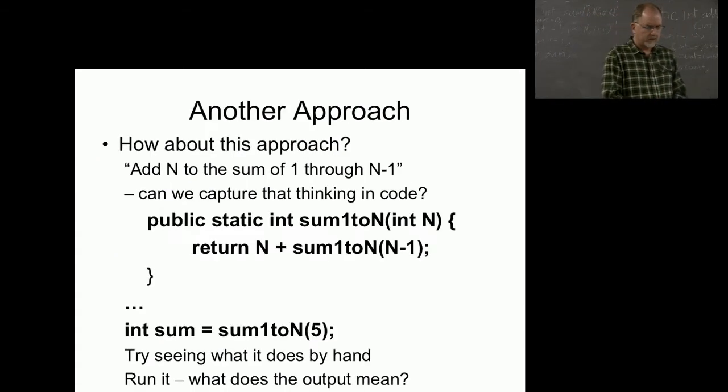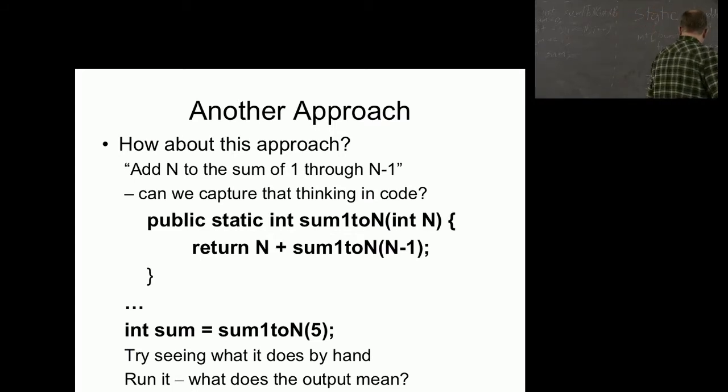So here's another approach. Add n to the sum of 1 through n minus 1, right? So instead of saying add 1 to this number, add 2 to this number, I'm saying, well, the sum of all these numbers is the last number plus the sum of all the numbers before it. So that's one way of thinking about this.